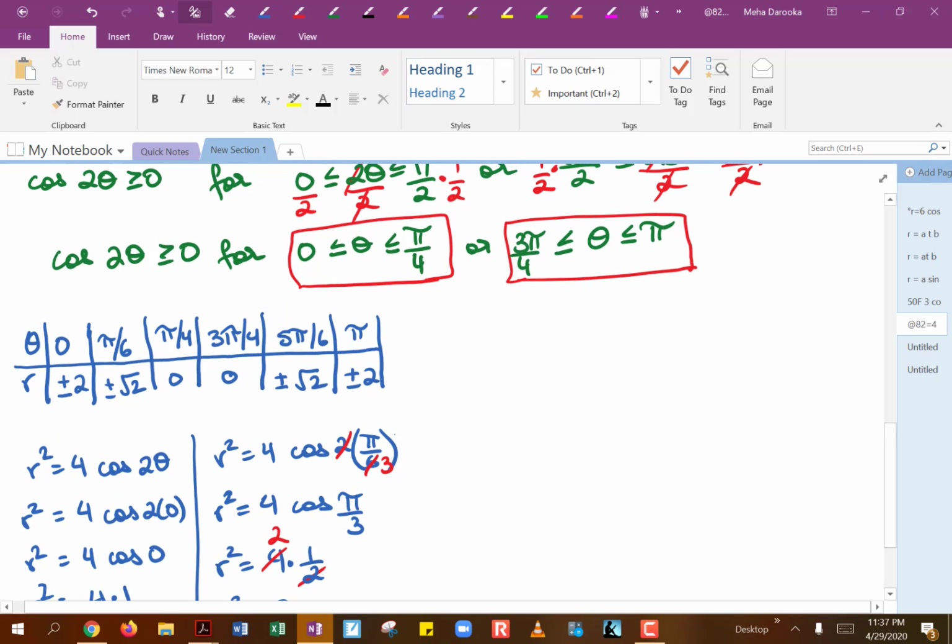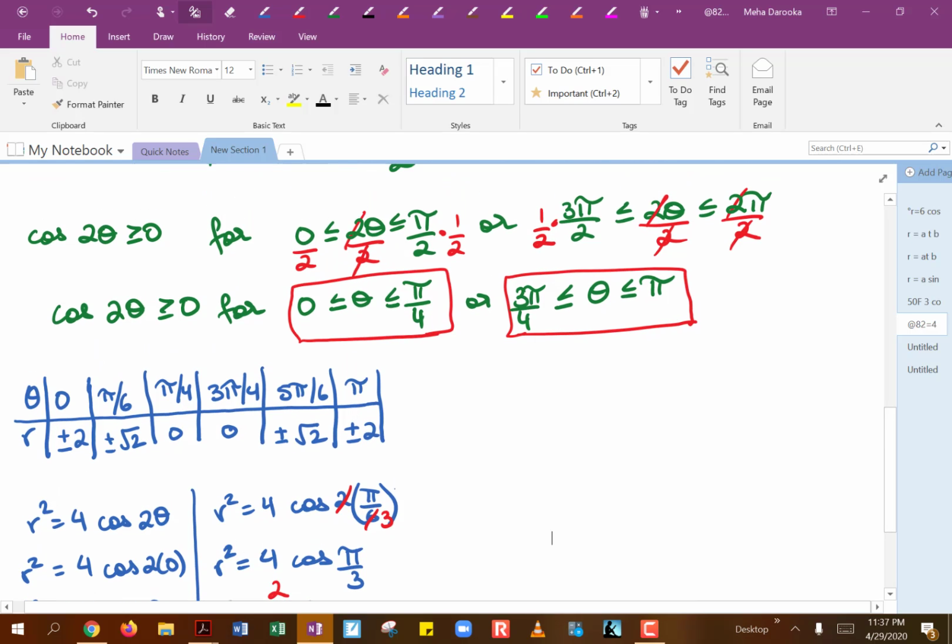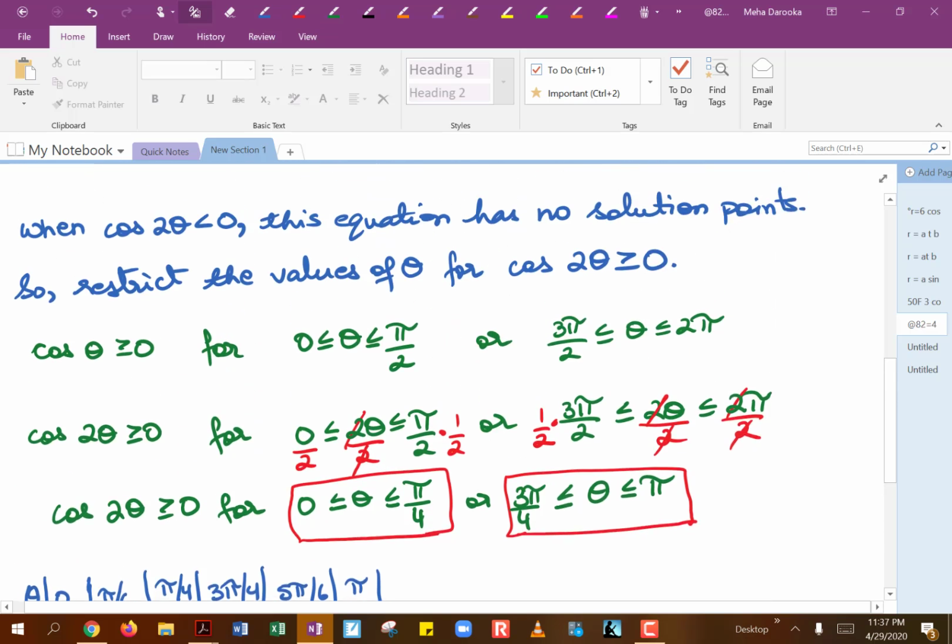So just be very careful of what values you can use, because there are some values in here which we cannot use because they would end up giving us a negative value for the cosine function. So these are the only approved numbers you can use, and then of course anything in between these two intervals. So you can see we have a maximum value at plus or minus 2, and zeros at pi over 4 and 3 pi over 4.